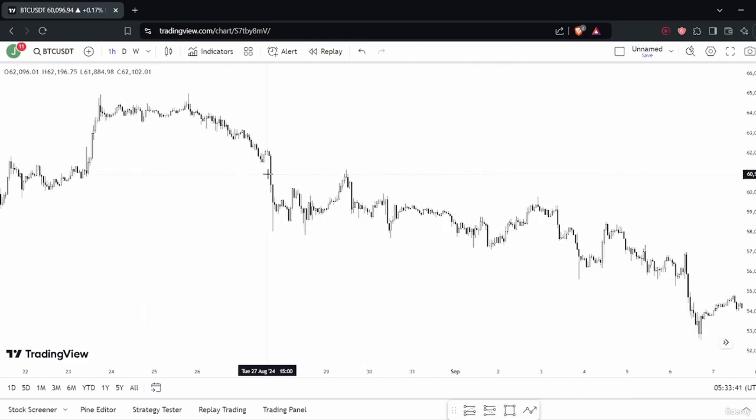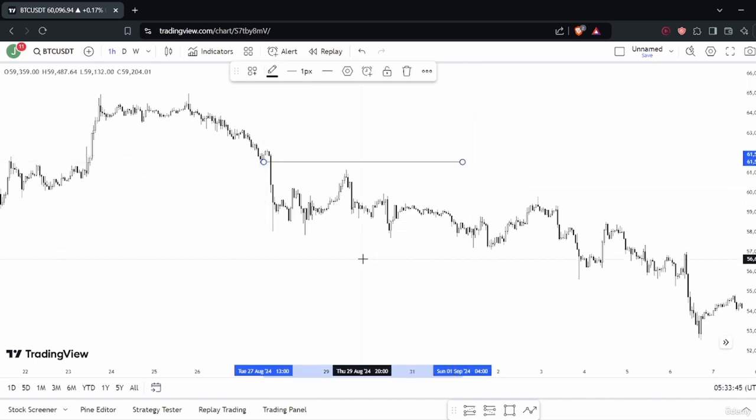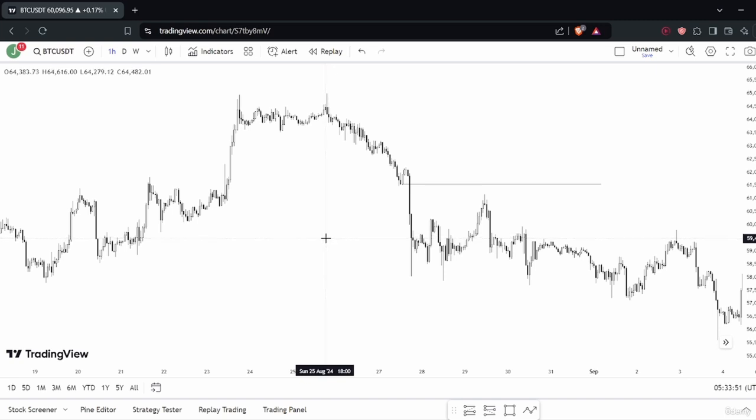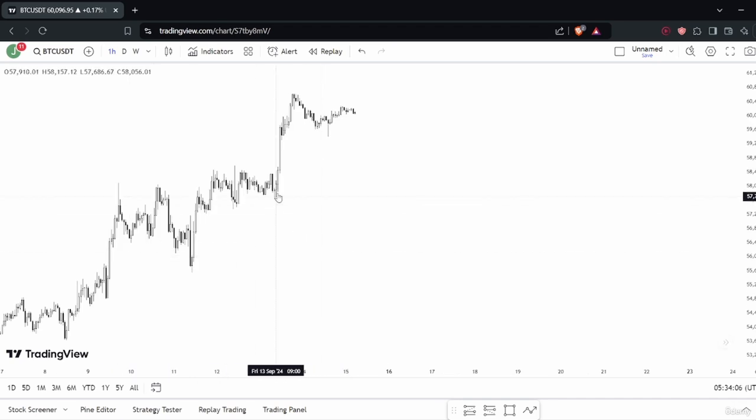Again, same concept on the downwards. We will have this as our order block. However, price does not go all the way there. You see why sometimes I say I do not use it? The people that use order blocks will have a higher risk to reward, because they will get inside the trade here with a stop loss here, or inside the trade here with a stop loss here.